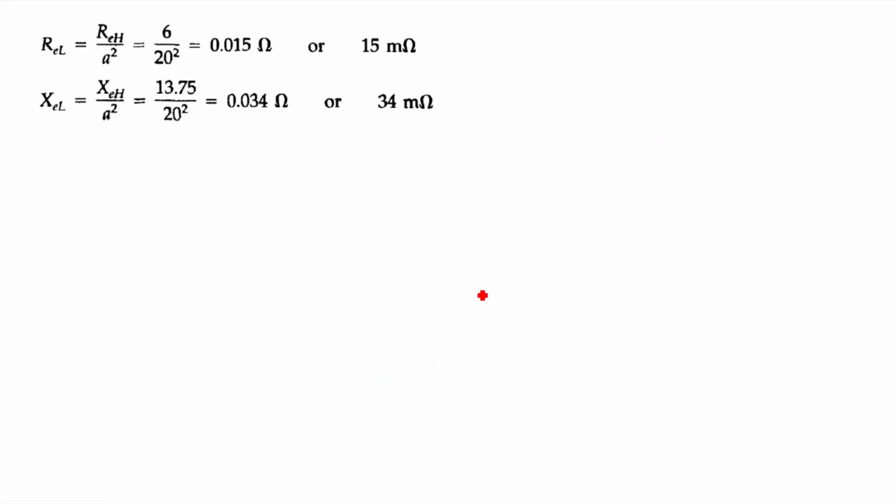Similarly, we can find the equivalent circuit referred to the low voltage side. That means when we view the transformer from the low voltage side, REL will obviously be REH by A square. That means 6 by 20 square, coming to around 15 milliohm. And XEL will similarly be XEH by A square, which becomes 35 milliohm.